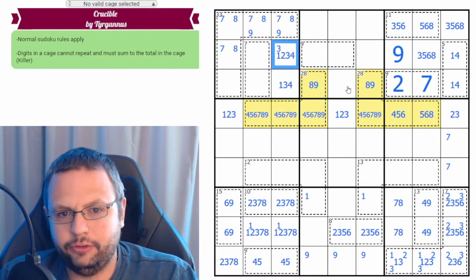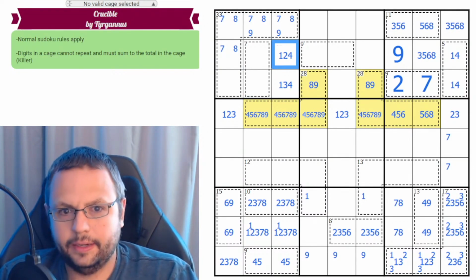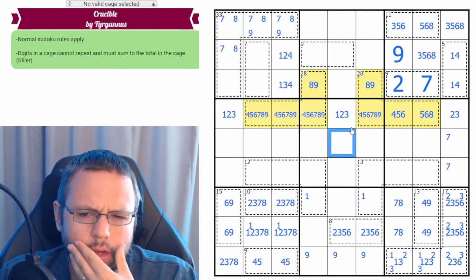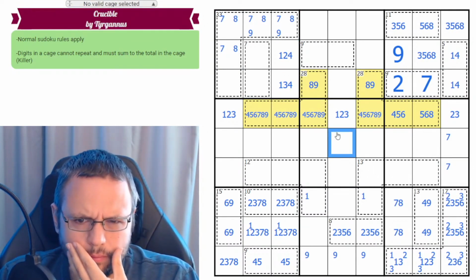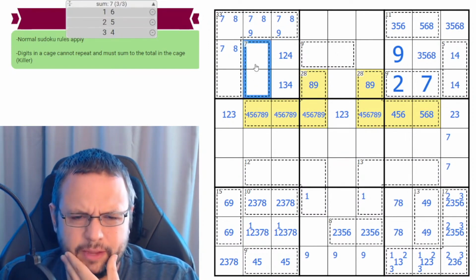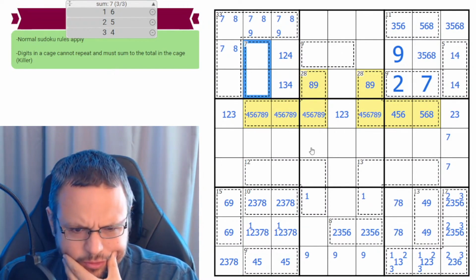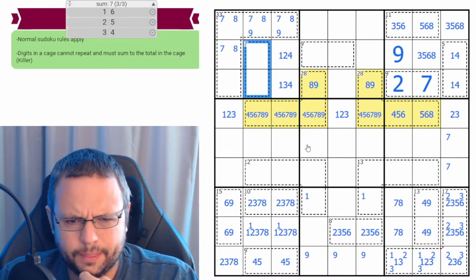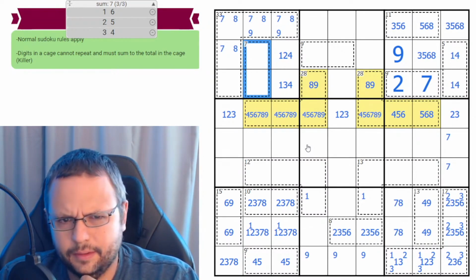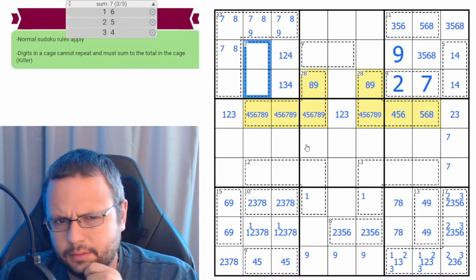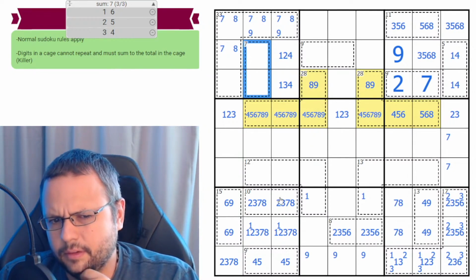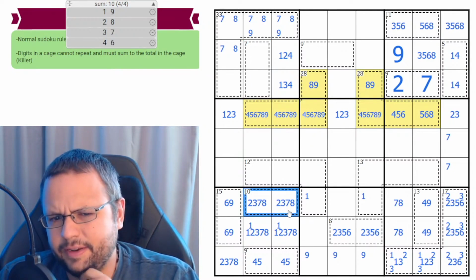So as soon as that can't be 2, that can't be 3. Don't really want to pencil mark all the ways to make 7, I'm going to be honest. One of these is 7, 8.